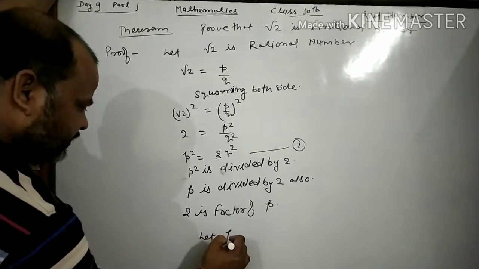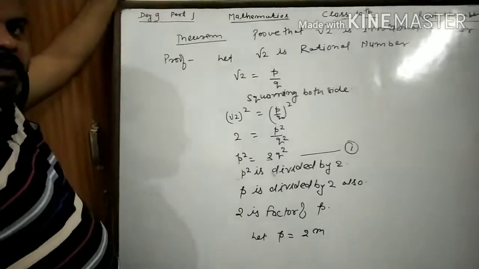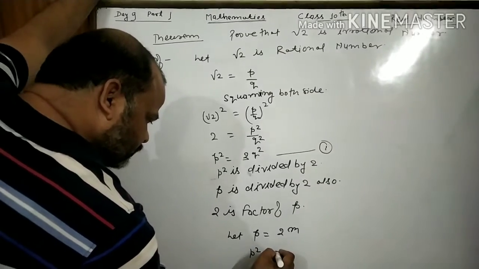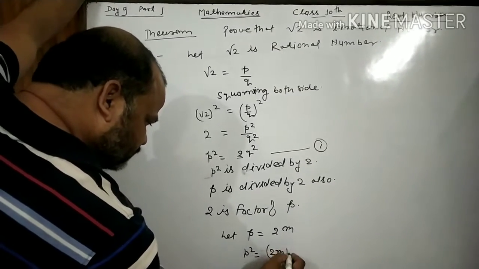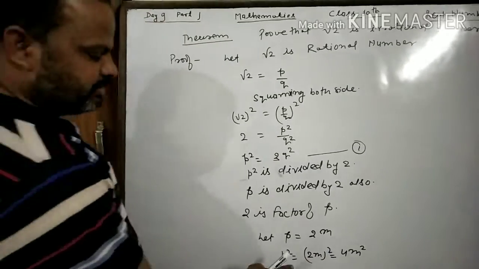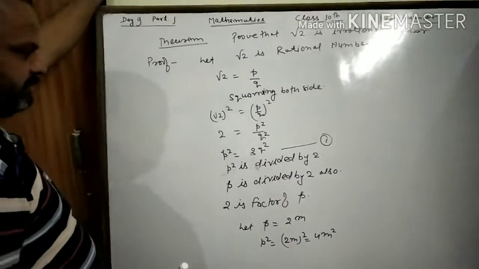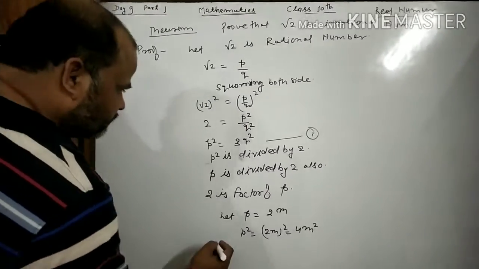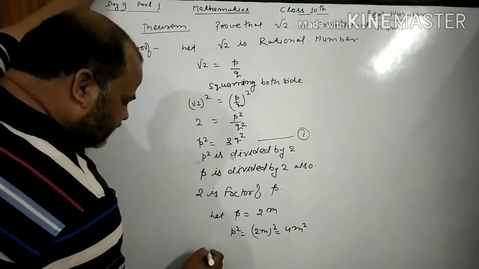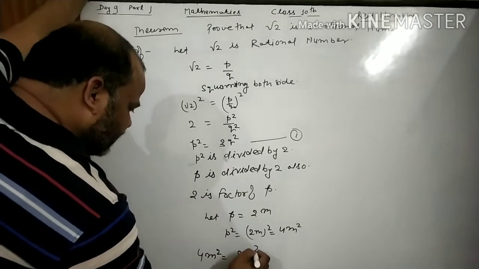Then after, here we consider let p is equal to 2m. Clear? Then p square is equal to 2m whole square, means 4m square, and this value 4m square we put in equation 1. Then on the place of p square you can put 4m square. 4m square is equal to 2q square.